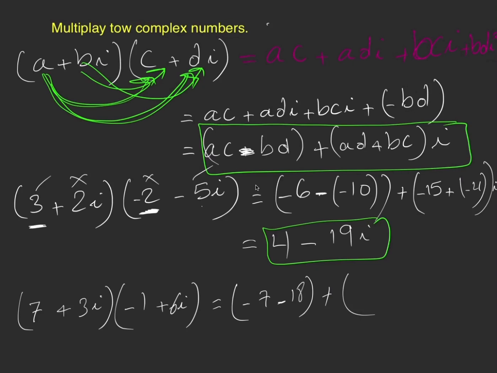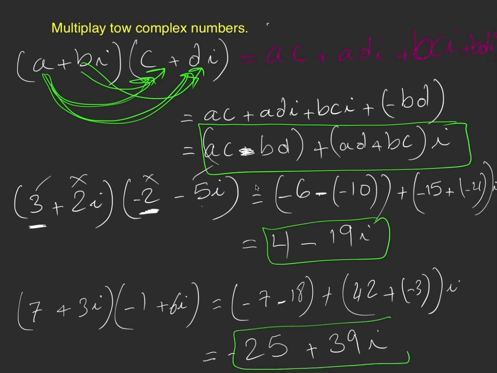We have a is 7 and d is 6, is 42, plus bc is just 3 multiplied by negative 1, is negative 3i. So what is going to give us here? Minus 25 plus 42 minus 3 is just 39i. So this is the other solution. It's very easy just to distribute.